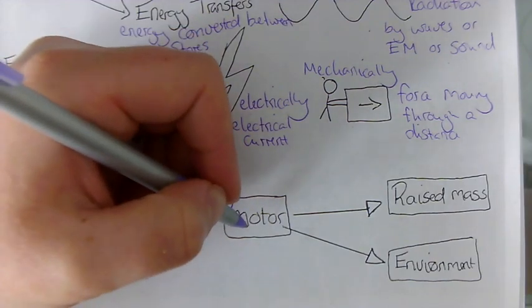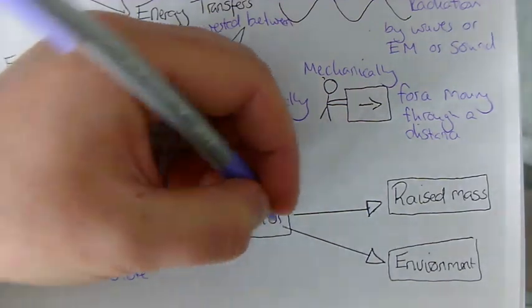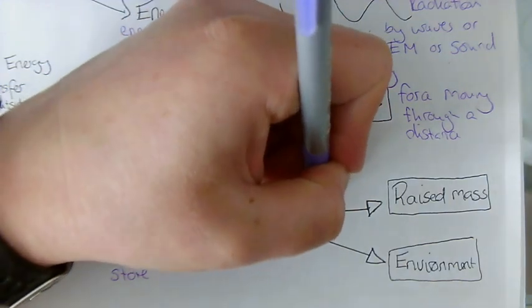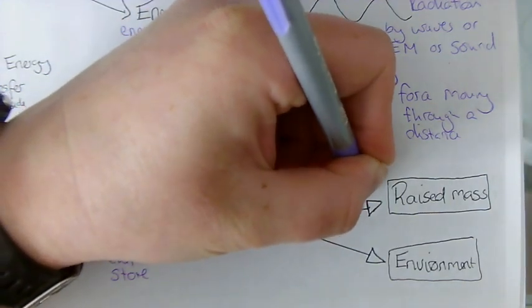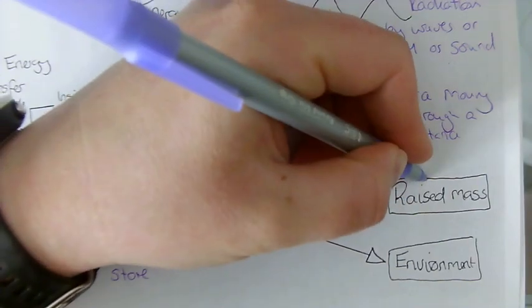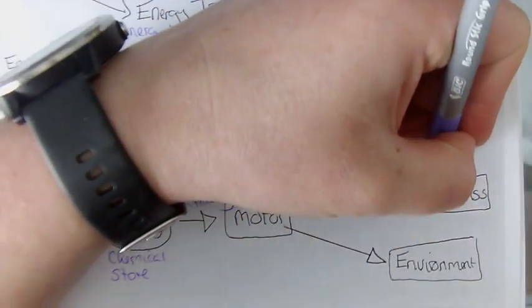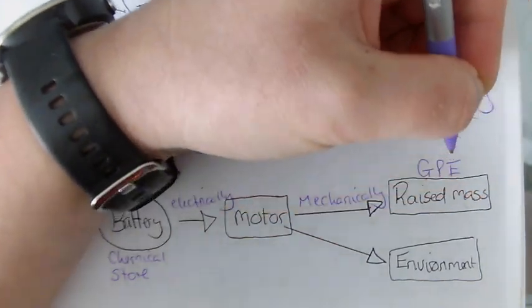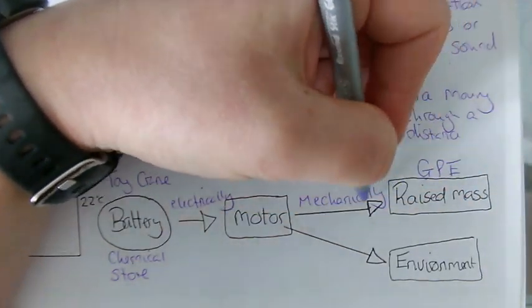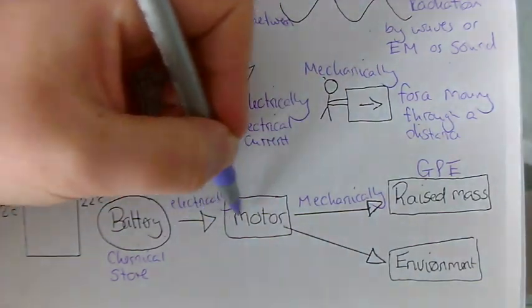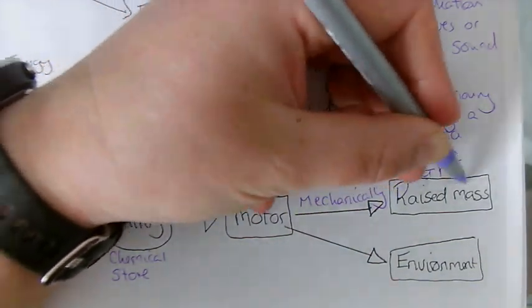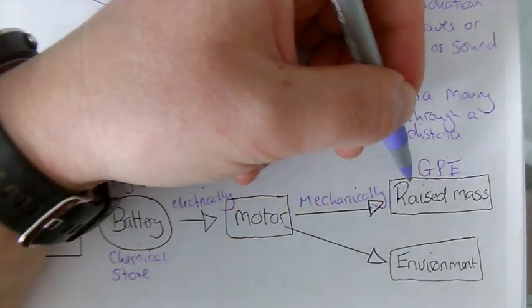Okay, so our motor will transfer energy mechanically to get our raised mass. So our raised mass is a store of energy in GPE, because now it is at height, so it's gravitational potential energy. So we've transferred it into a new store of gravitational potential energy.